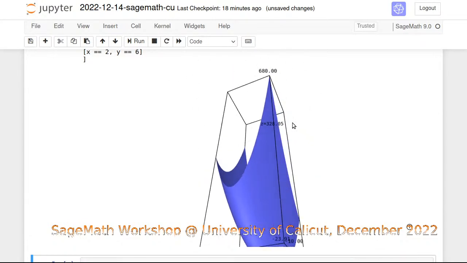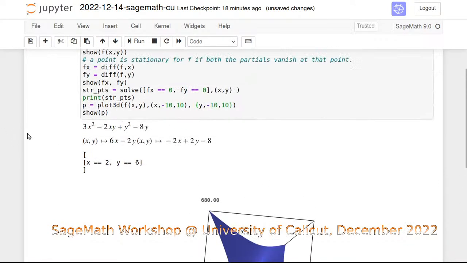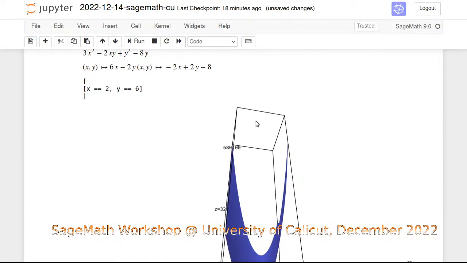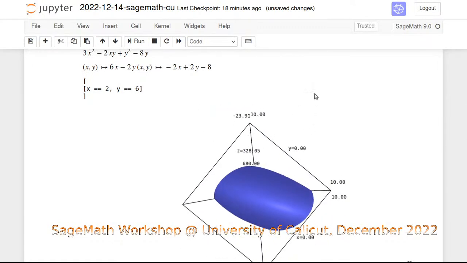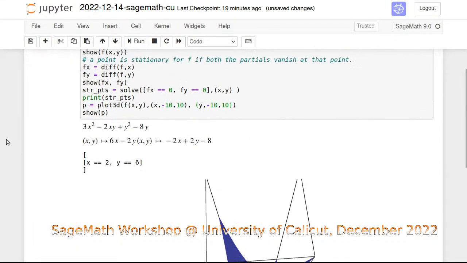Something like this you are getting. You are getting a curve like this.